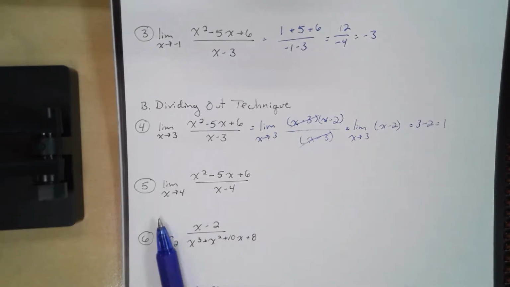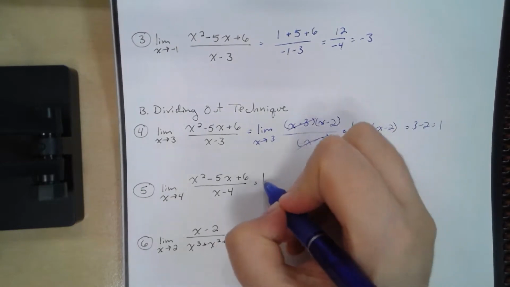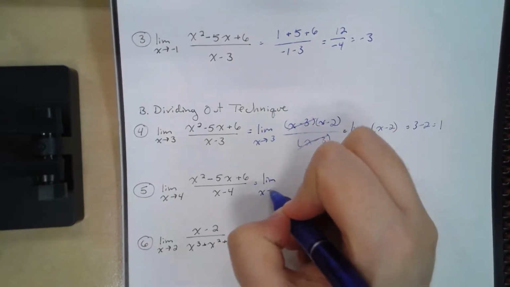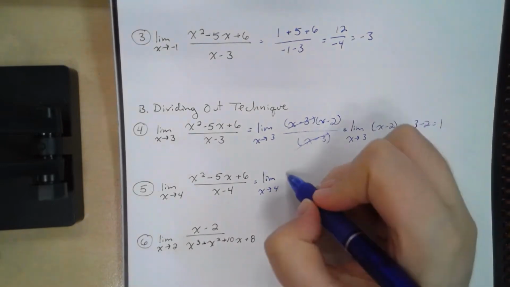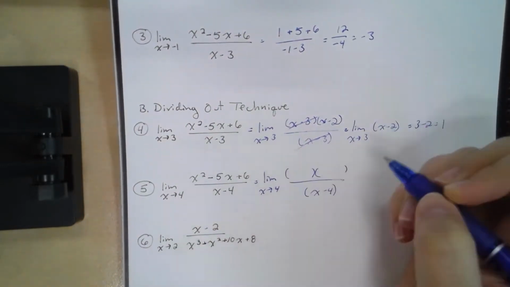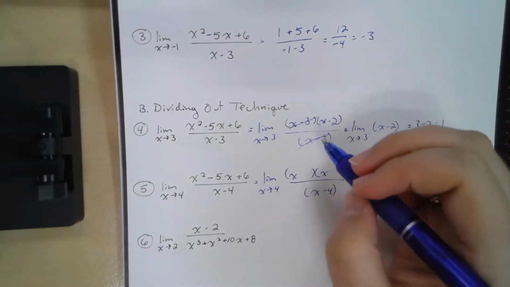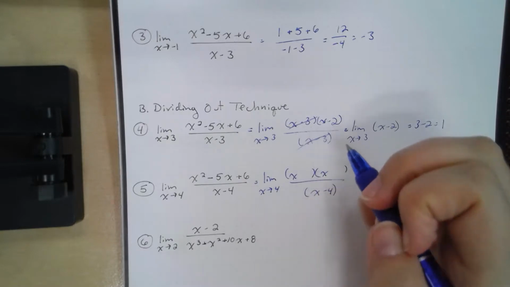If we look at number 5, we can evaluate this again by dividing out. And I rewrite my limit here. So I have x minus 4 in my denominator.